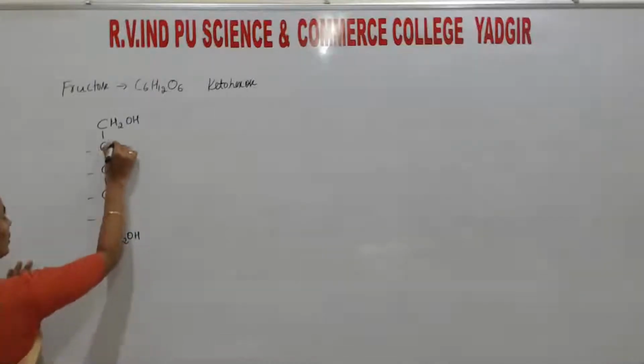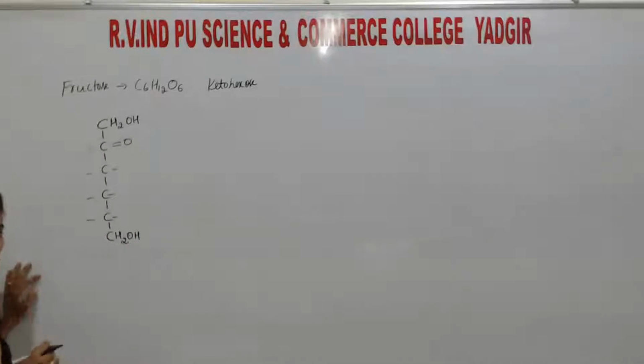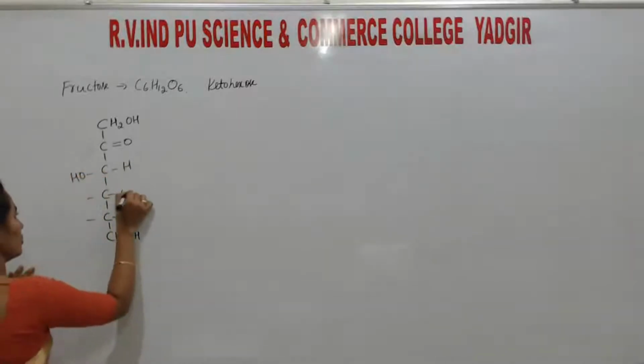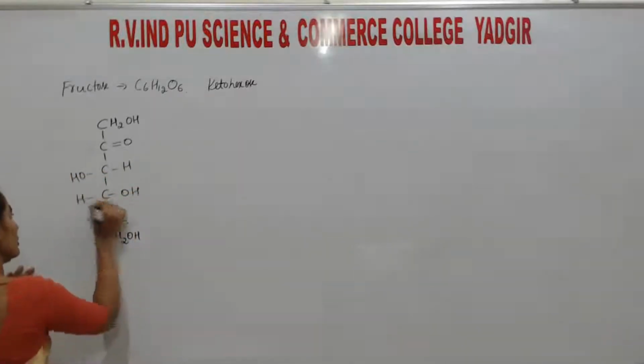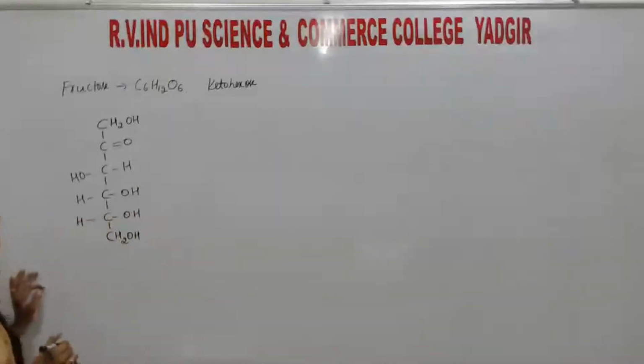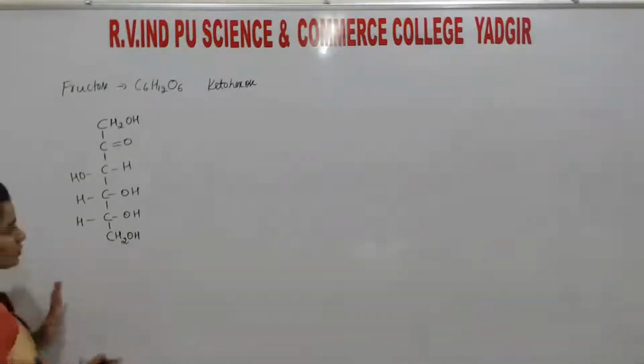Here the second carbon atom has the ketonic functional group, and the remaining follows as it is in glucose: OH, H, H, H. This one is what? Alpha D. Okay, this one is glucose.